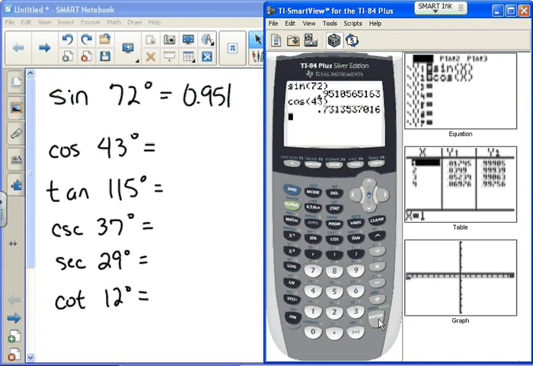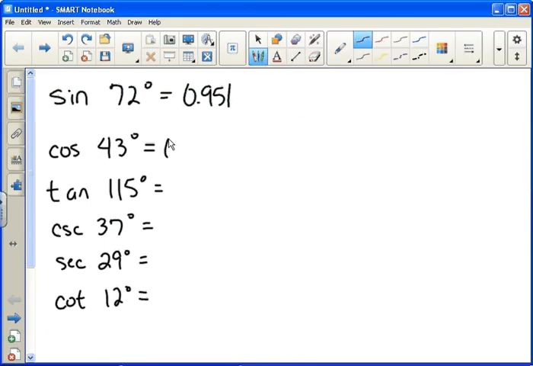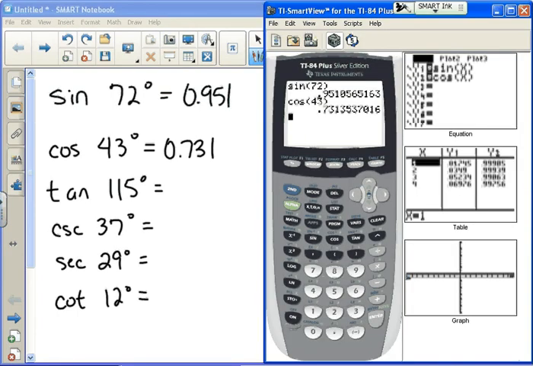That gives us 0.731. Next we have tangent of 115 degrees. We get negative 2.144 or 2.145.